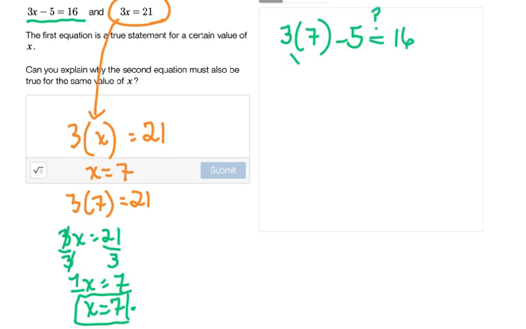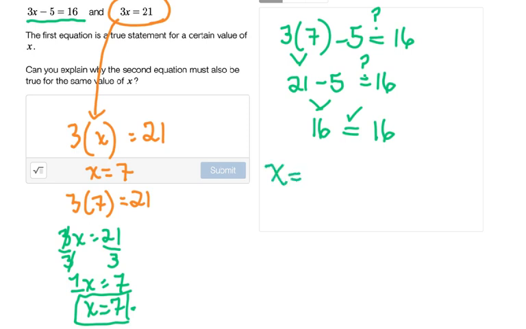I know that 3 times 7 is 21. And when I take away 5, does that equal 16? 21 minus 5 is equal to 16. And 16 is equal to 16. Therefore, yes, both sides are equal to each other, the right and the left. Therefore, x is indeed the solution for both.